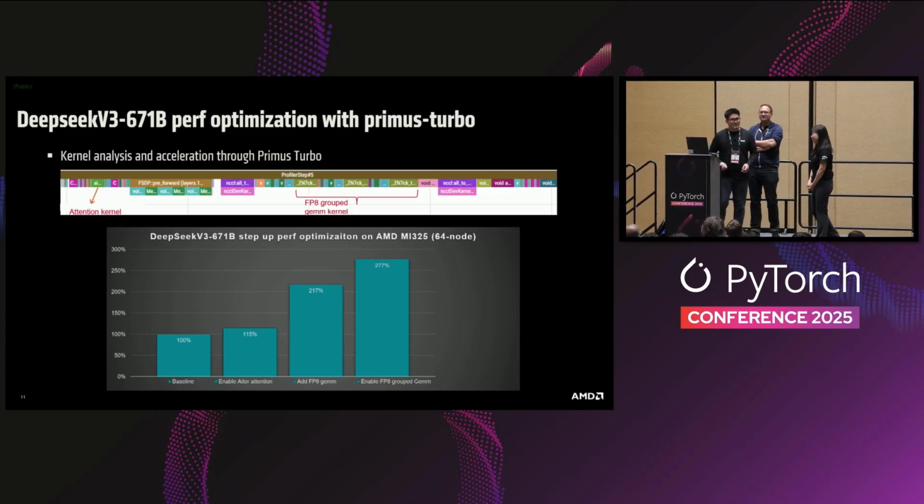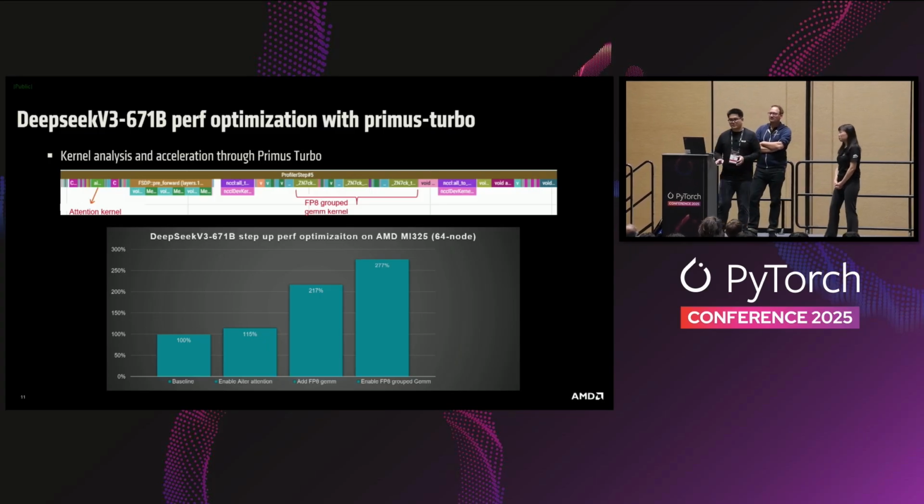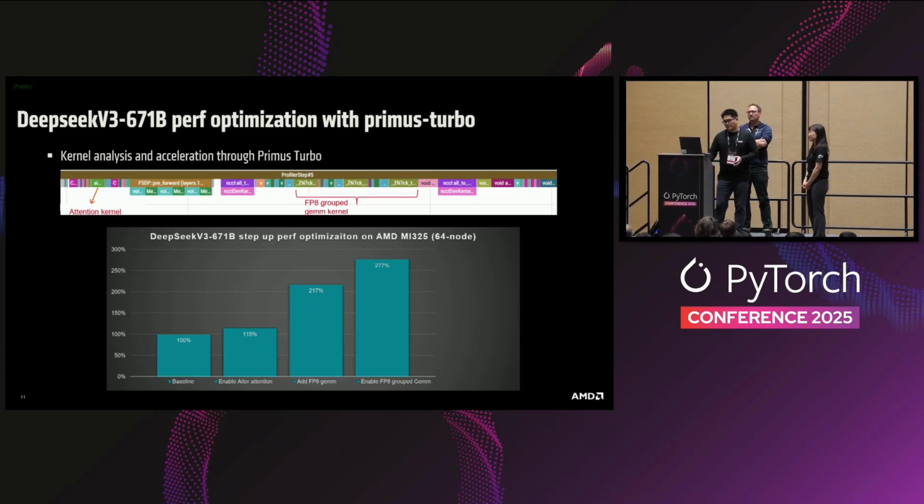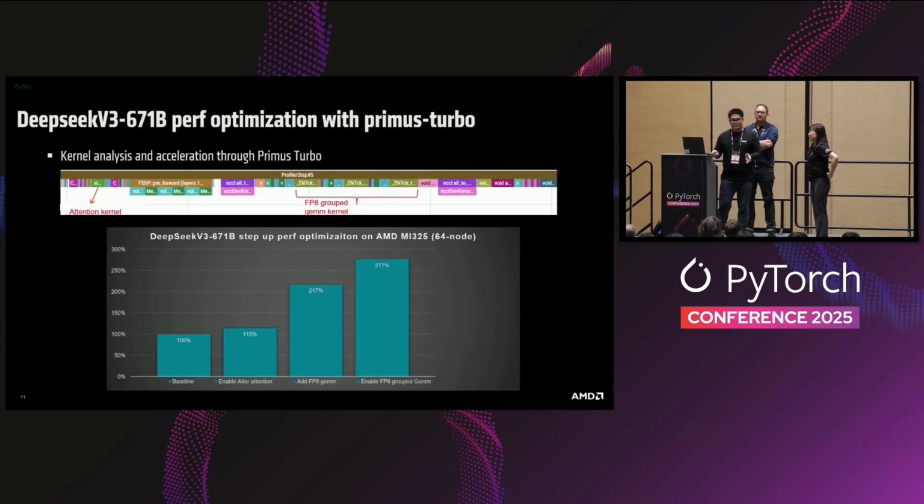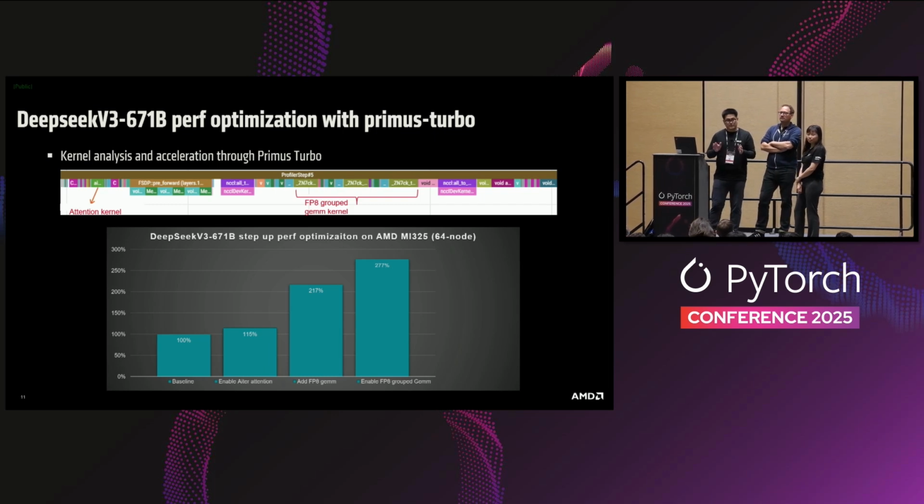So, I think for that one, we can break it down into multiple tiers of solutions. First is at the kernel level. We want to make sure that the kernel level is very efficient. For example, for the FP8, we want to make sure it can achieve almost the roofline. Another thing is the parallel strategy.